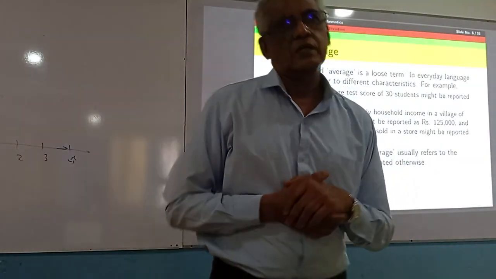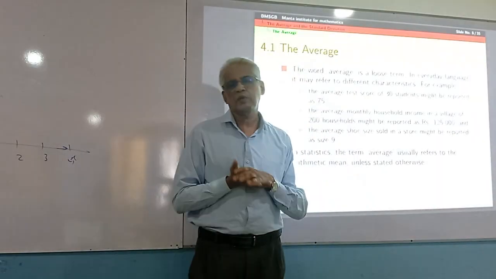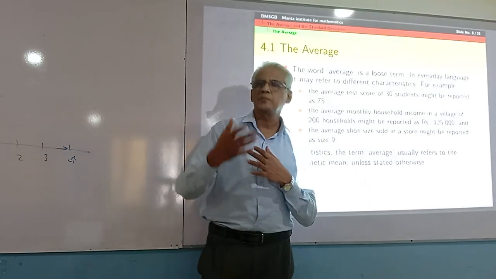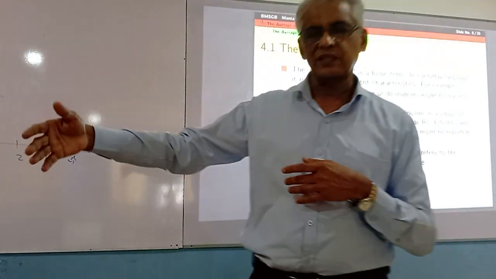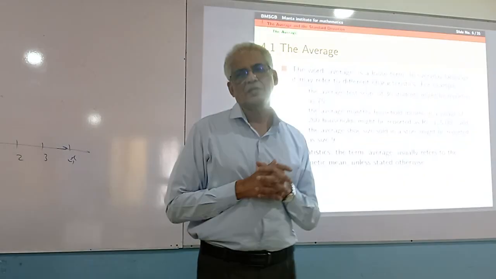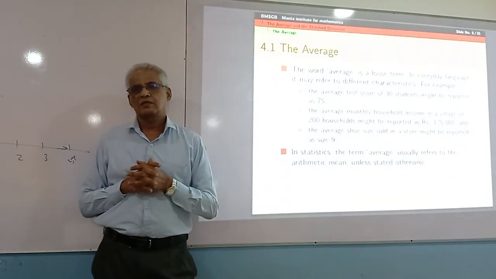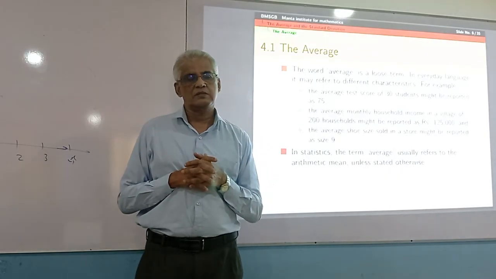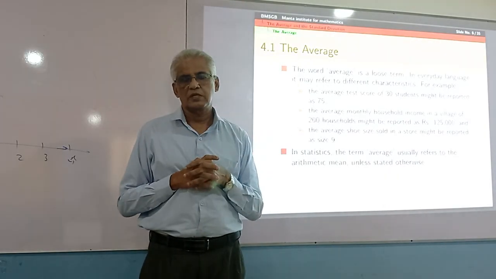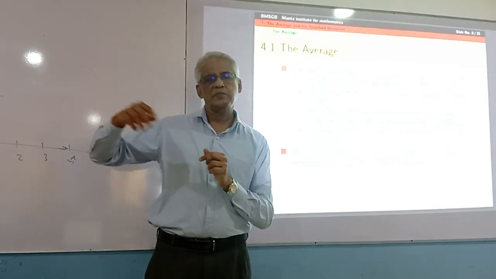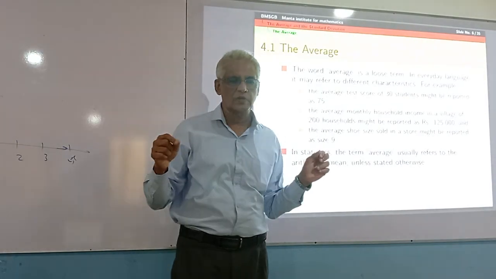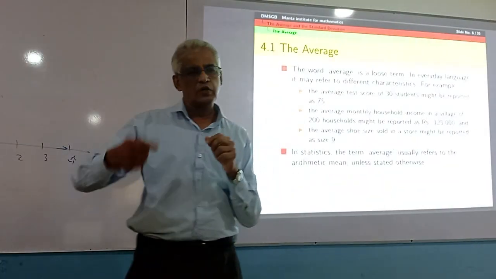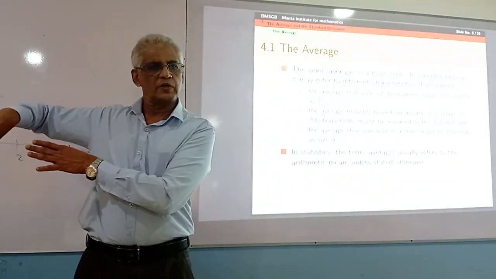This can be the arithmetic mean also, but most of the time it's a median, because if you actually calculate the mean, it might be larger than that. Why? There are very few, maybe very rich people in a village or town. Because of those people, the mean can be quite high, because when you calculate the mean, you add up all the numbers. So when you add even one or two very high numbers, the mean will go to that side.